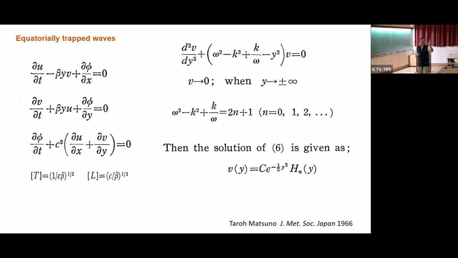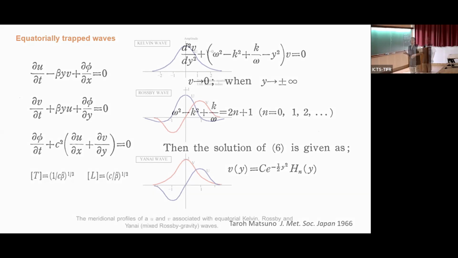So you have many modes, each one has a certain shape in Y, but in the east-west direction these waves can go freely around the Earth in the atmosphere, but in the ocean, of course, they are broken up into basins.